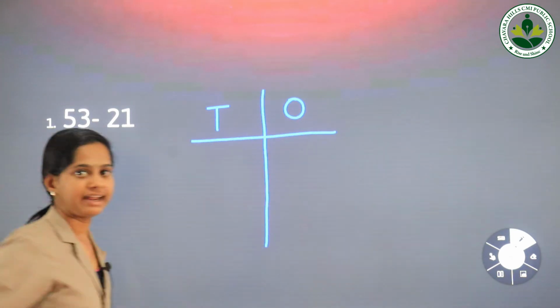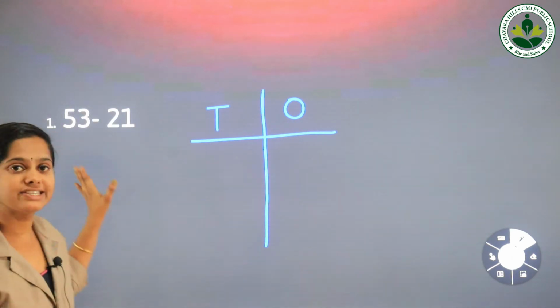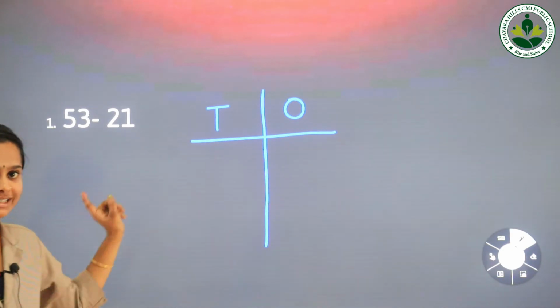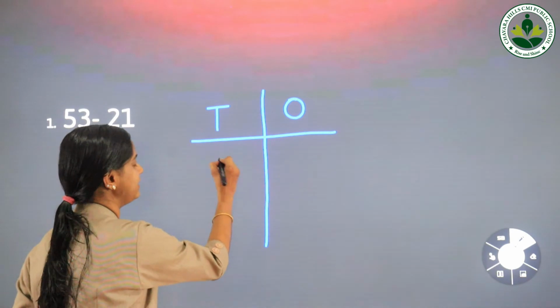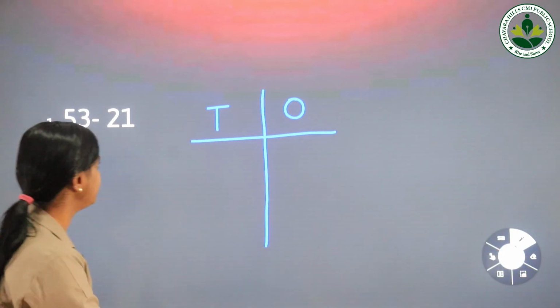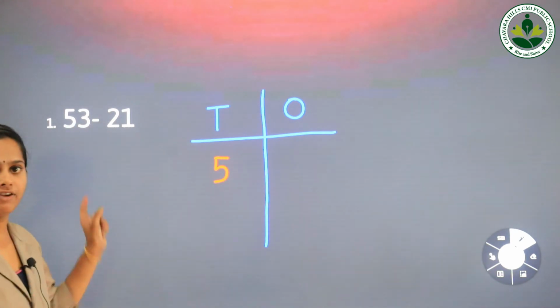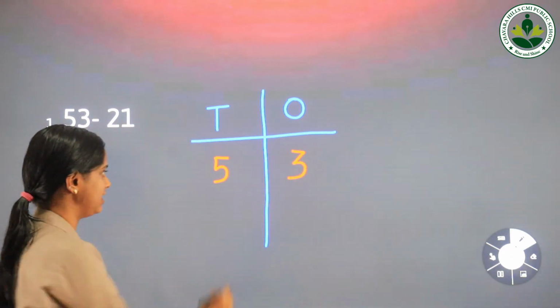Okay, let us arrange these numbers according to their place value. Always write the bigger number on the top. Here the bigger number is 53. The number 53 has 5 tens and 3 ones.